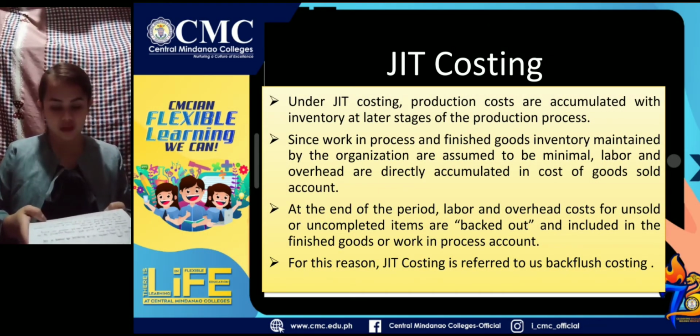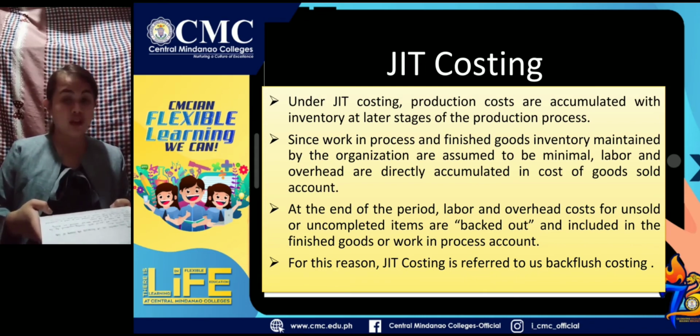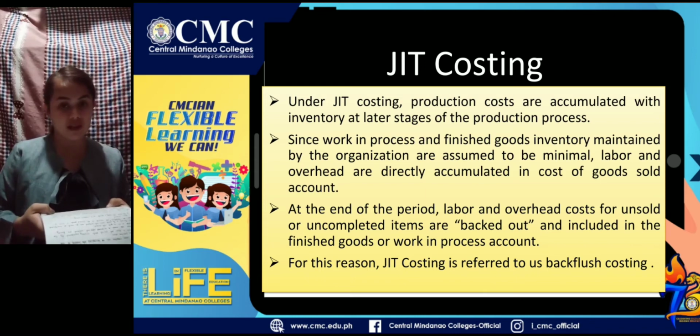Just-in-time is an inventory management system that aims to make production super efficient. Under this, the raw materials and labor are planned to arrive as and when they are needed in the production. The primary benefit of using JIT is that the company does not have to invest time and money to store the raw materials.